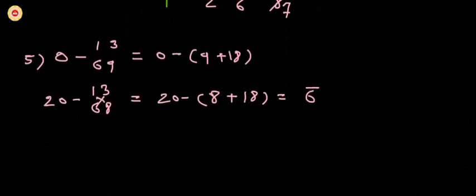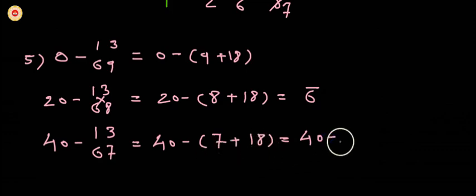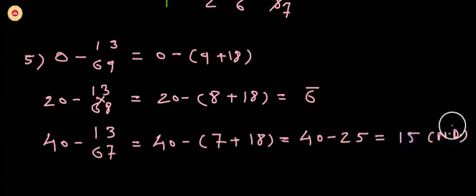And with this new gross dividend, let us calculate net dividend. 40 minus cross product of flag digits and last two quotient digits, 6 and 7. 40 minus 7 ones are 7 plus 6 threes are 18, which is equal to 40 minus 18 plus 7, 25. 40 minus 25, 15. 15 is net dividend, positive net dividend.